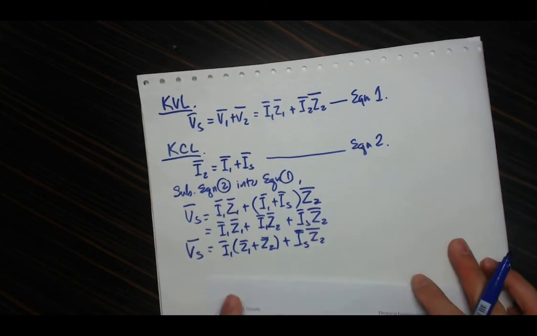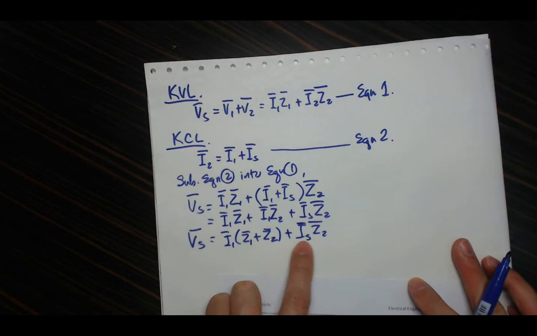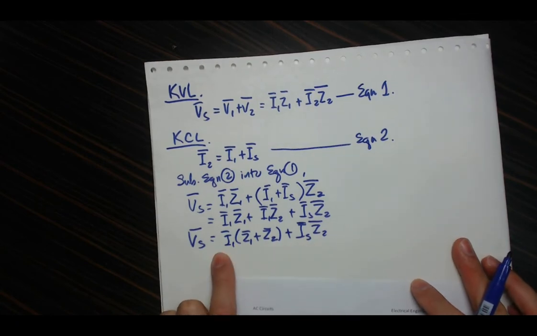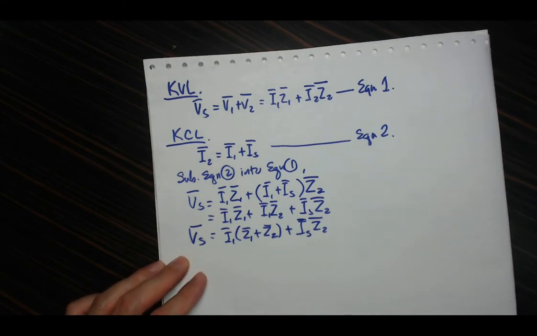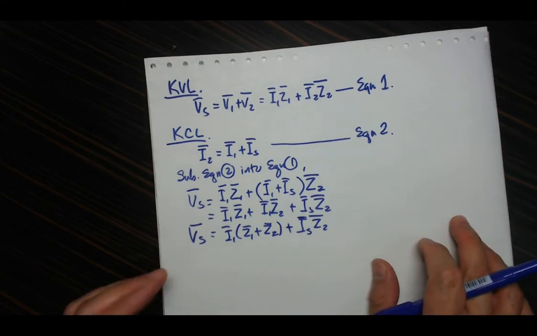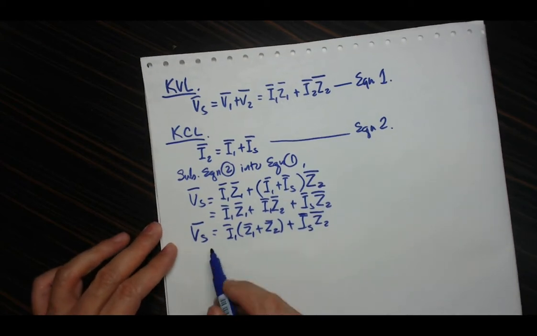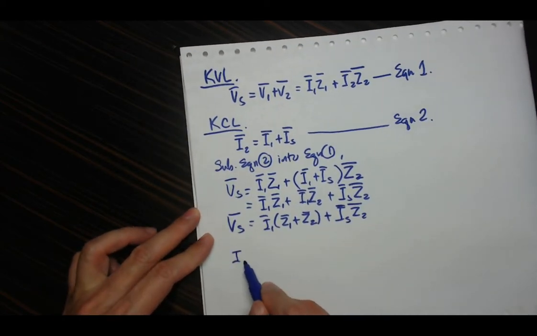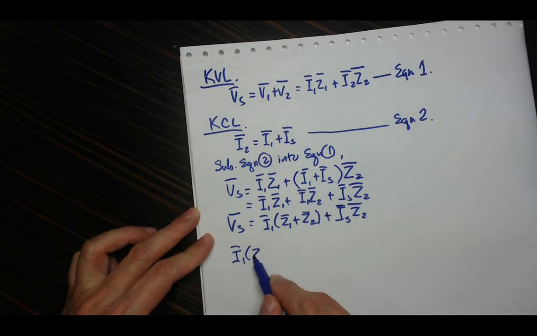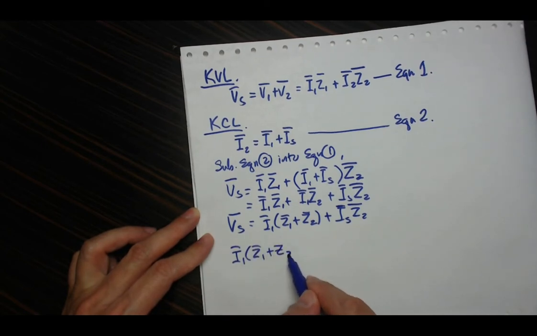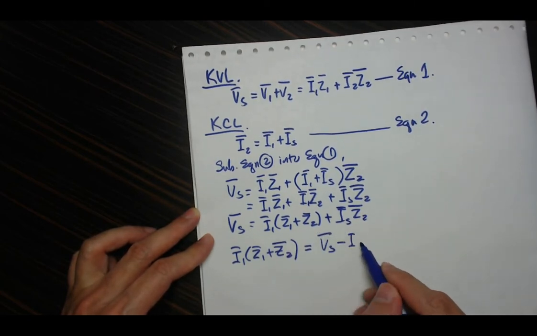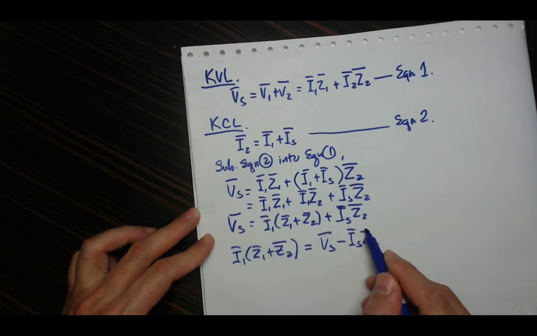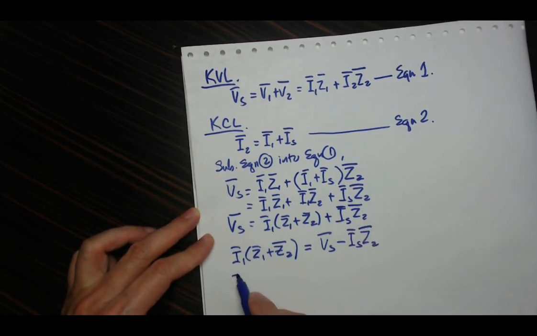Now with the new equation, I have everything which is given to me except I1. So what I can do is substitute the numbers into it, right? Rewriting this, I will have I1 times Z1 plus Z2 equals Vs minus Is Z2. Put in all the numbers that I have.